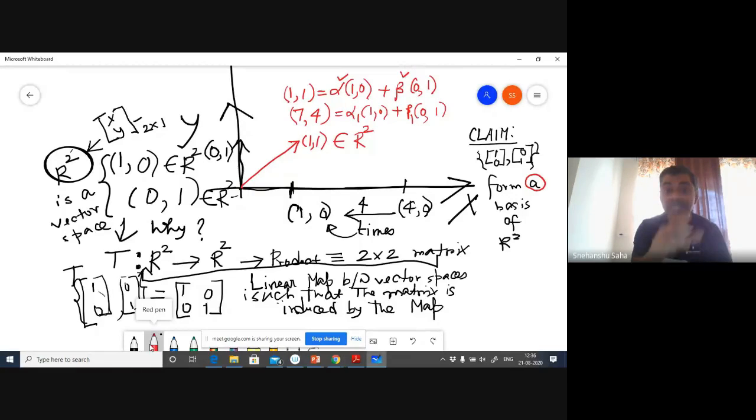That's the reason these two vectors, 1, 0 and 0, 1, together are called a basis of that vector space. Not only that, this is too simple, because in order to formally call something a basis, two properties need to be satisfied.